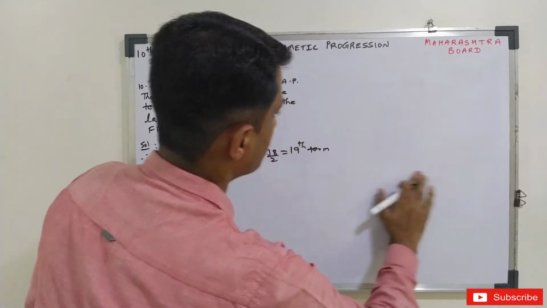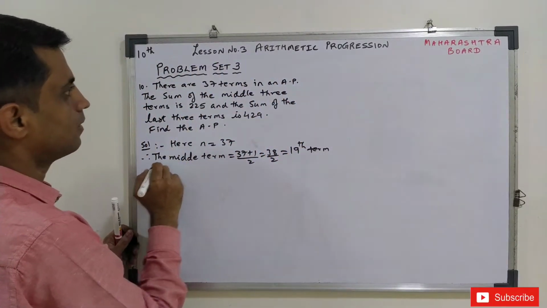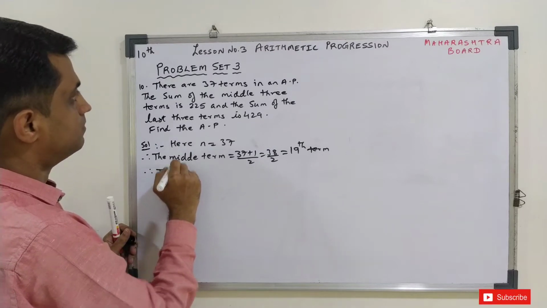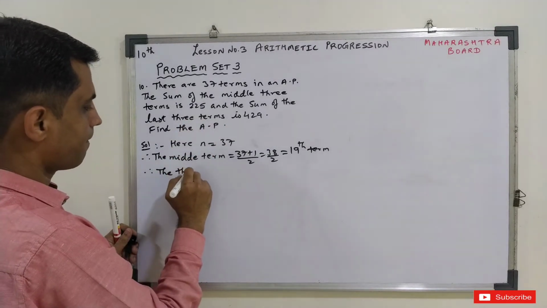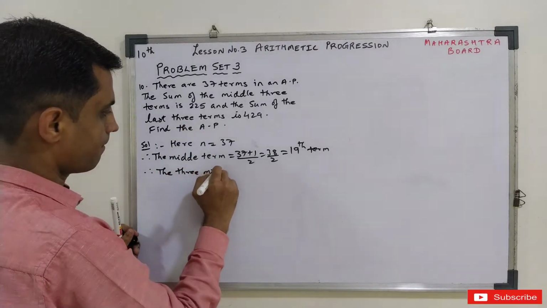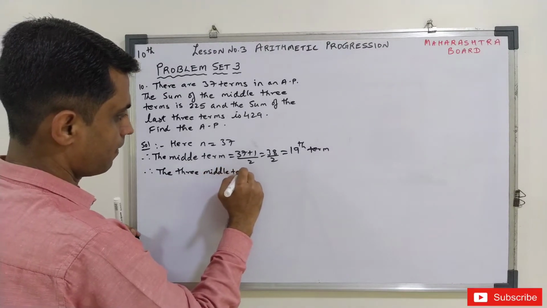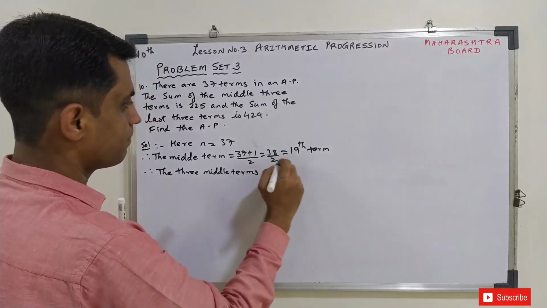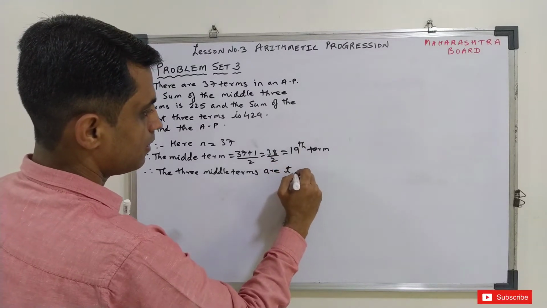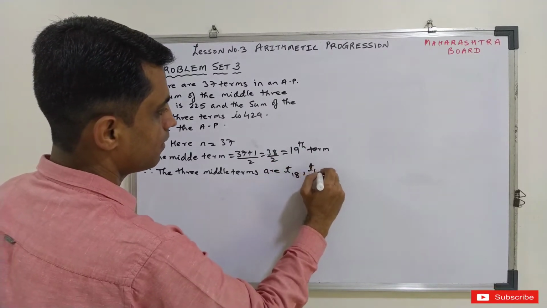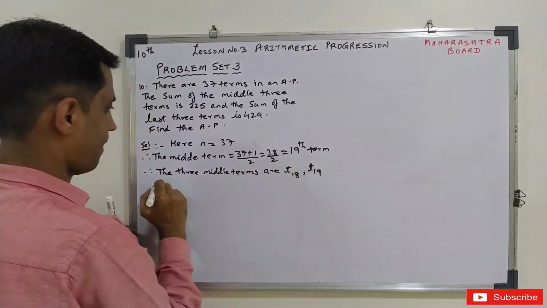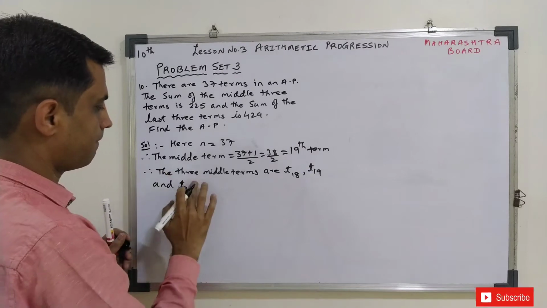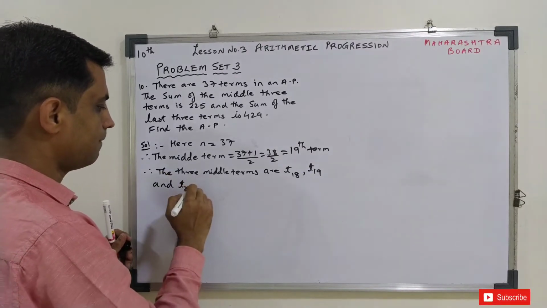So therefore the three middle terms are, what are they? T18, T19 and T20. Yes, clear?